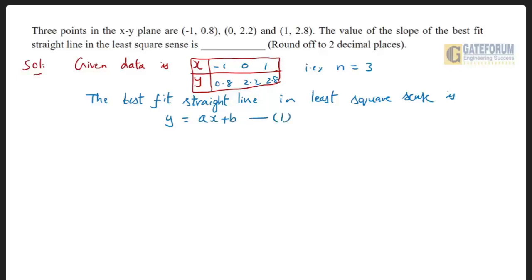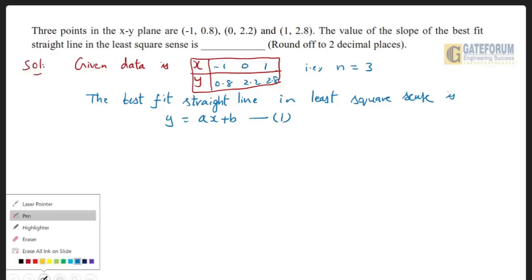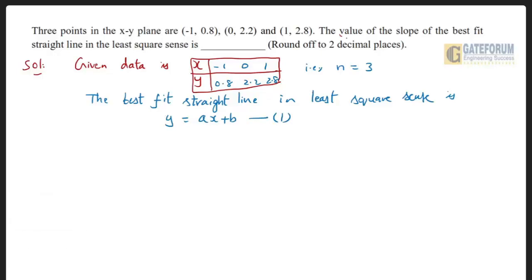This is, say, equation 1. So they are asking for the slope. Am I correct or not? Slope is nothing but, this is a straight line equation in two variables x and y. Slope of the straight line, it looks like y is equal to mx plus c. This is your slope. Okay. So slope means we are going to find the x coefficient here, that is the a value only.